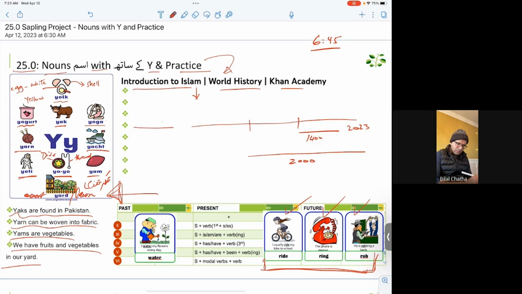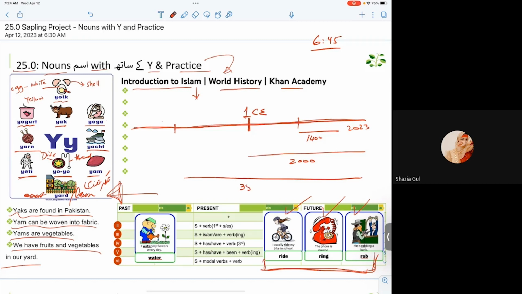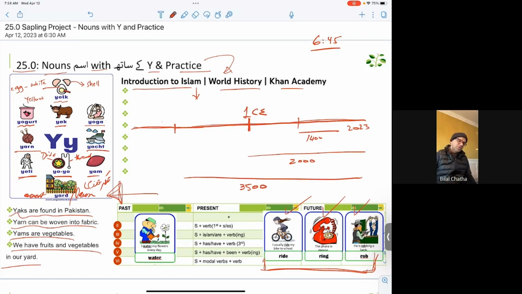And then let's see here. So this is about year 1 of Common Era. And we know. So, how many years ago did Judaism come, Shazia? Just a guess is fine. Judaism came about 3,500 years ago. Okay.